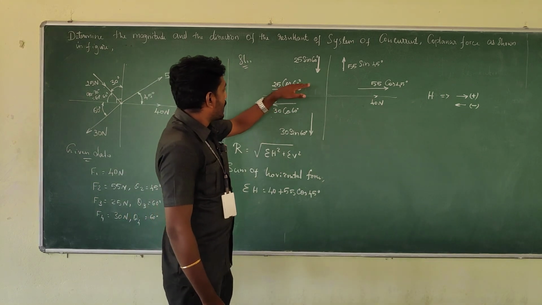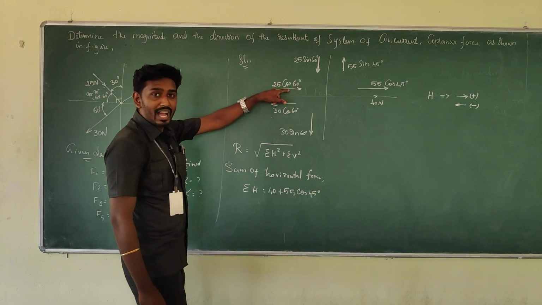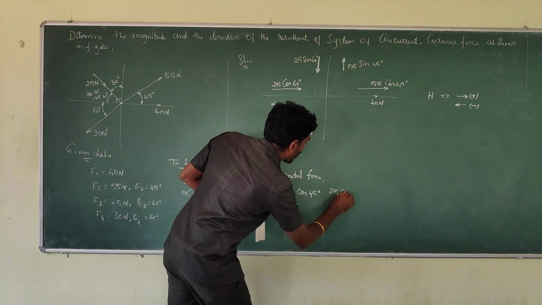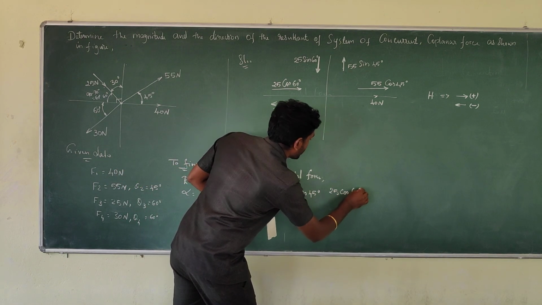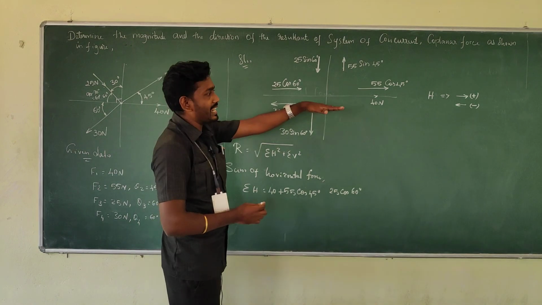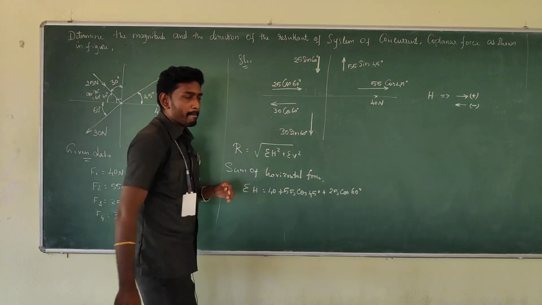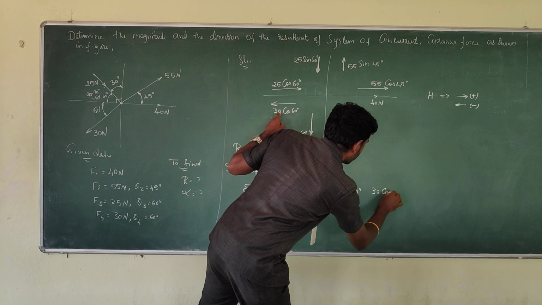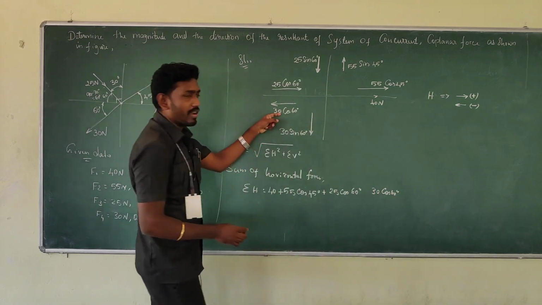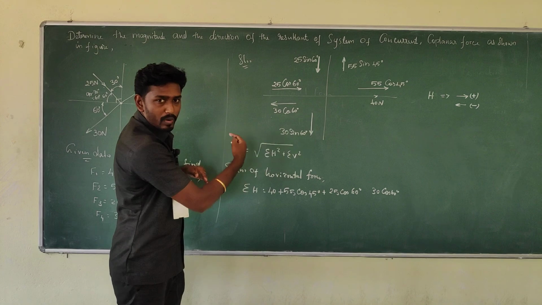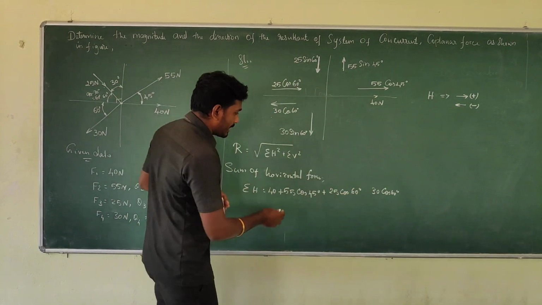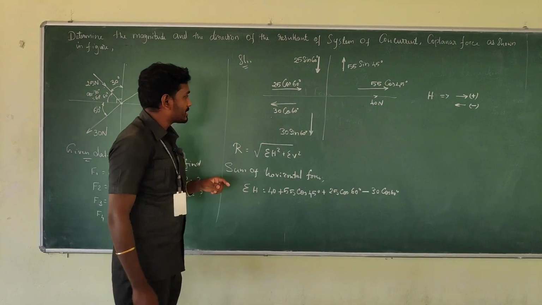Then here nothing, and here we have the horizontal force which is 25 cos 60 degree, which is directed towards the right, so it is positive. Here 30 cos 60, which is a horizontal force directed towards the left, so left in the sense which is minus, so minus sign.